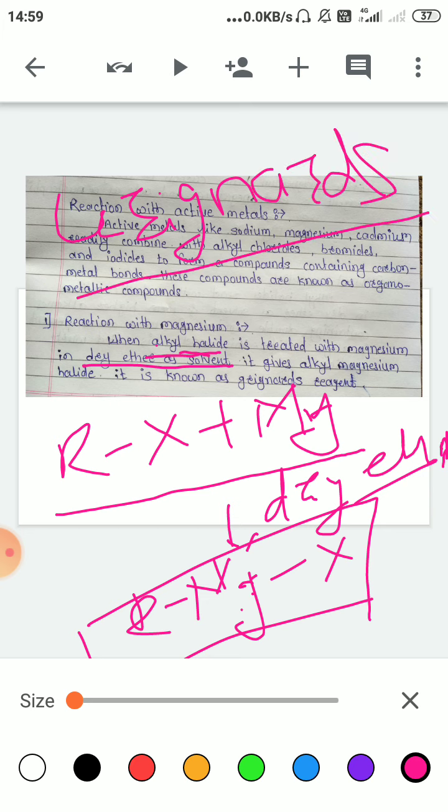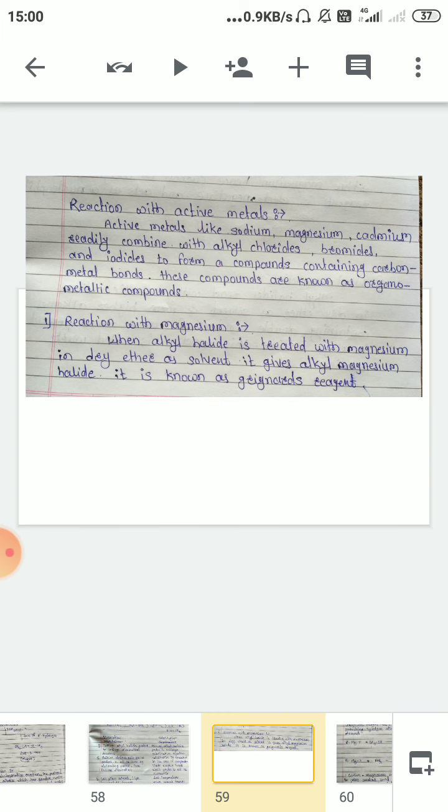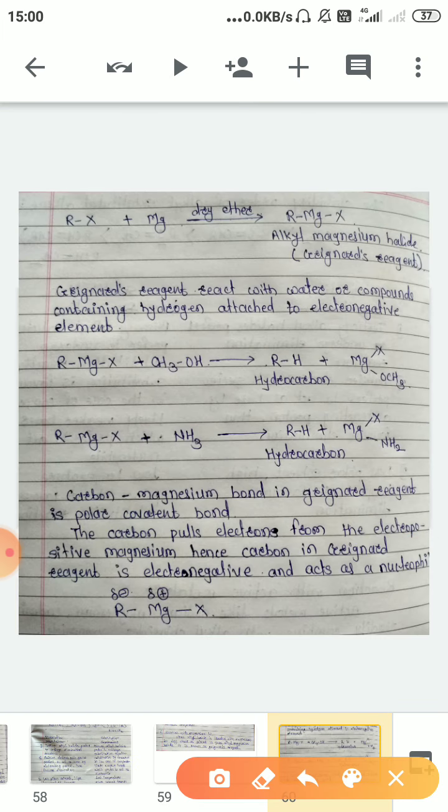Grignard is the name of the scientist who found this reaction, therefore it is called Grignard's reagent. So alkyl halide reacts with magnesium in presence of dry ether to give alkyl magnesium halide, RMgX, called Grignard's reagent.